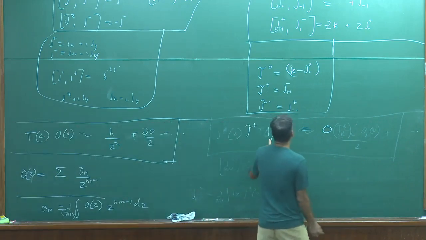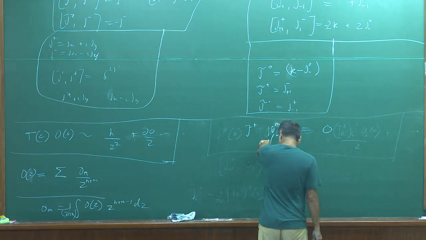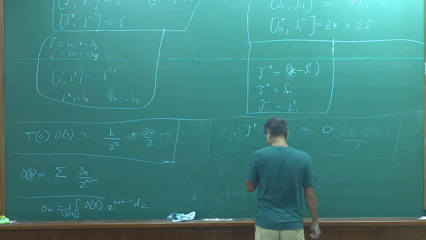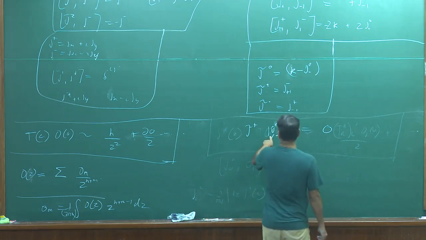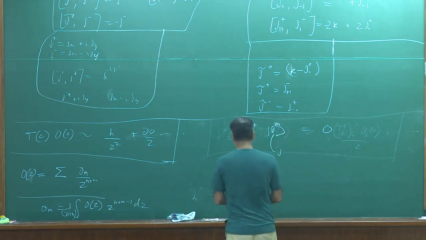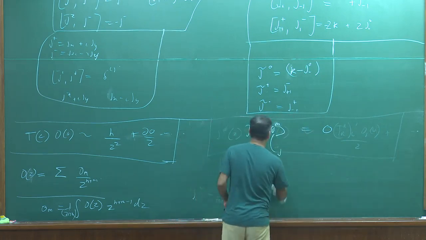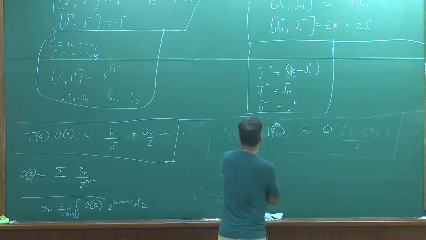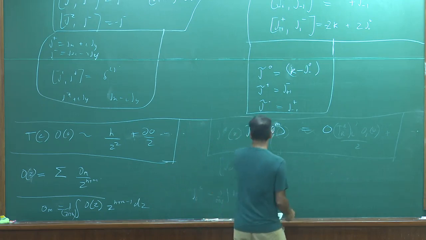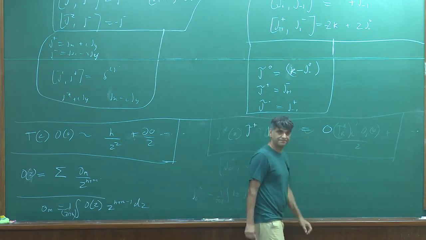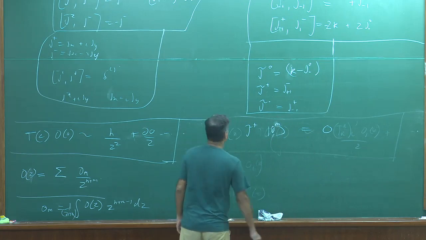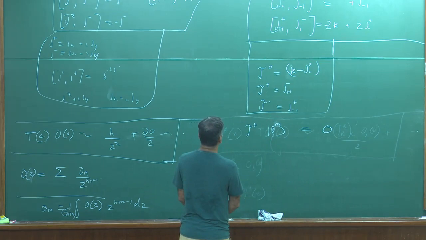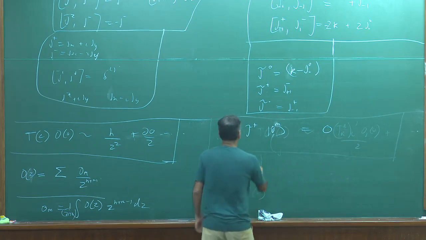Now, let us look at, okay, fine. So this annihilates the state. Okay, what about the state J tilde minus one?